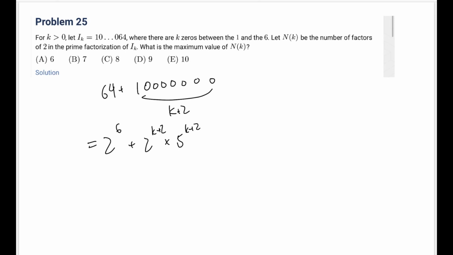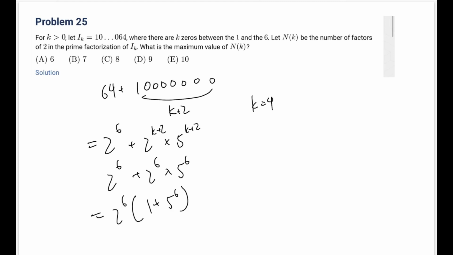And so what is the maximum value of Nk? If k equals 4, then this would be 2 to the 6th plus 2 to the 6th times 5 to the 6th. If 2 to the 6th is taken out, then 2 to the 6th times 1 plus 5 to the 6th power, and obviously you would have 2 to the 6th power here.